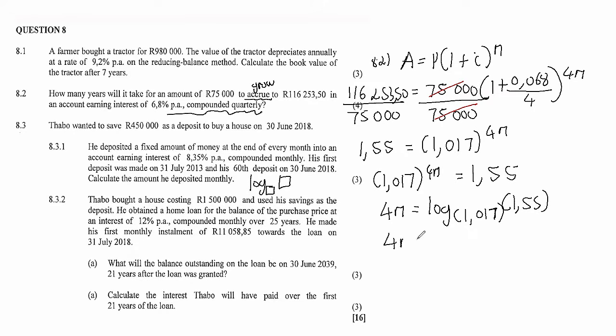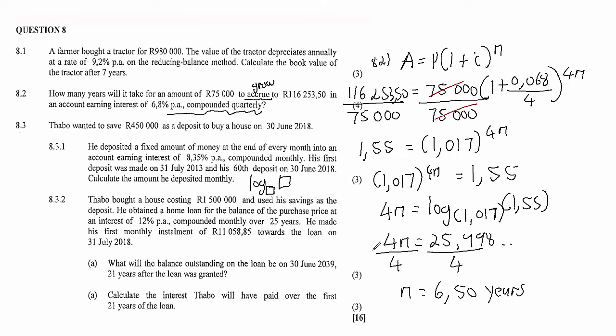Now, when you punch all of this into your calculator, you get 25.998 and a whole lot of decimals, which from here you can then divide both sides by 4. And then your n, if you round off to 2 decimal places, you get 6.50 years, right?